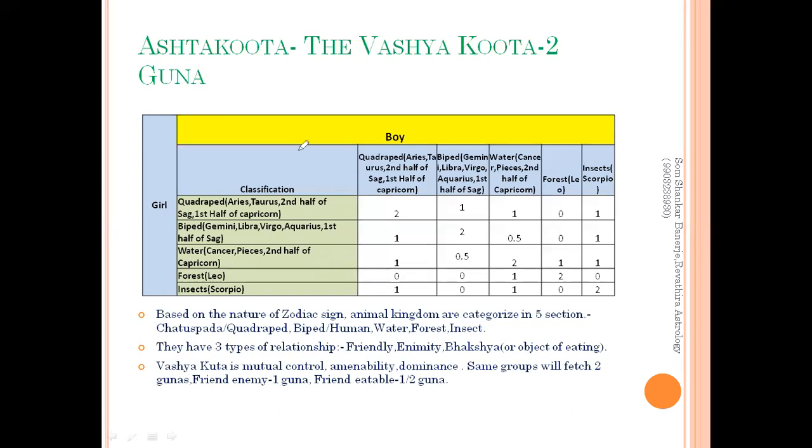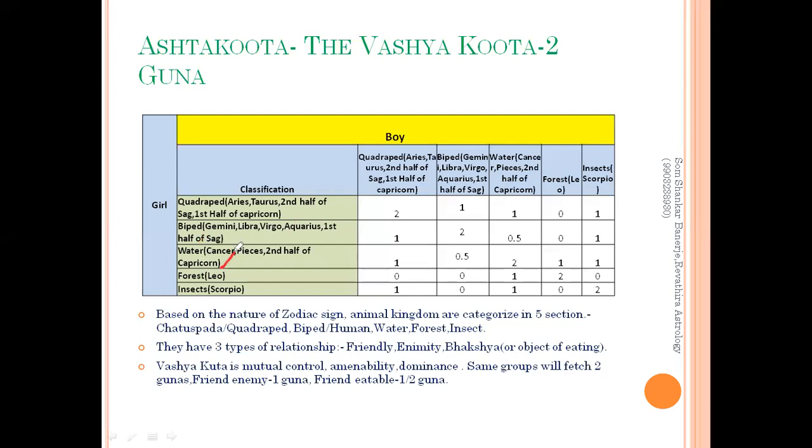So what is done is, based on the nature of the zodiac sign, the animal kingdom is categorized in 5 sections, which is Chatushpada, which is quadruped. The second is biped, which is like human rashis, which are Gemini, Libra, Virgo, Aquarius, and the first part of Sagittarius.